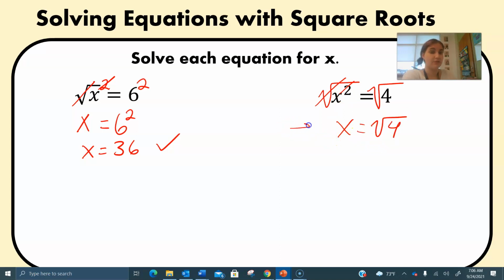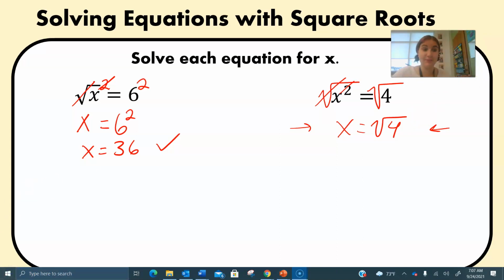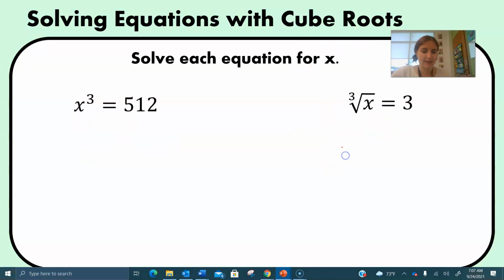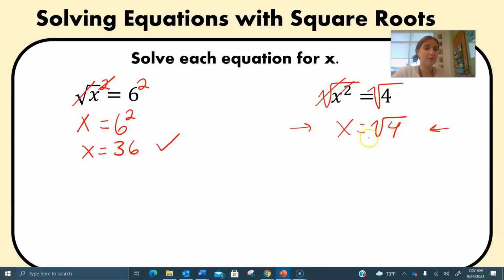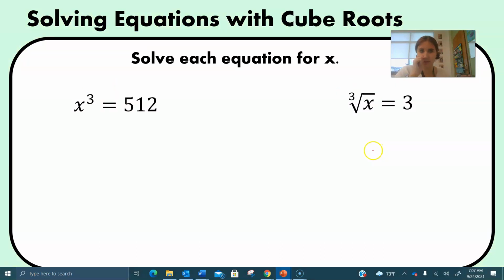It's really important that you write out all the steps. So take a second to pause the video and write out all the steps. All right, and then finally, the square root of 4 equals 2. So x equals 2.